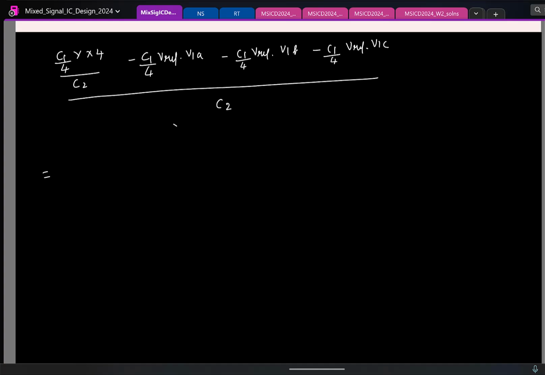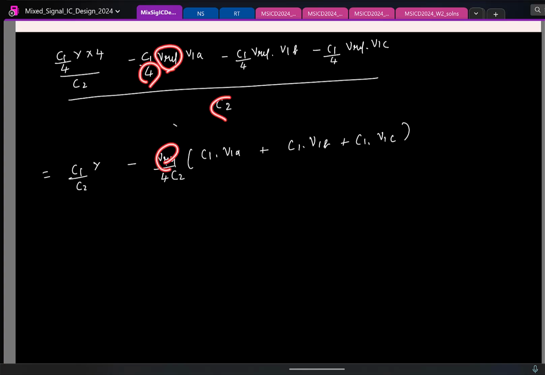So this I can write as basically C1 by C2 times Y minus Vref by 4C2 into C1 into V1A plus C1 into V1B plus C1 into V1C. I've just rewritten the same thing, taking only Vref and 4C2 outside here, right?